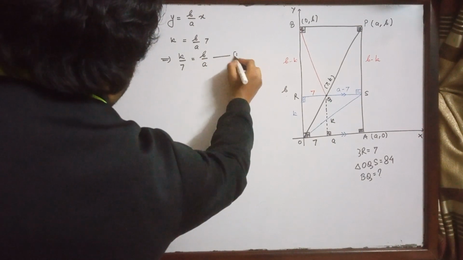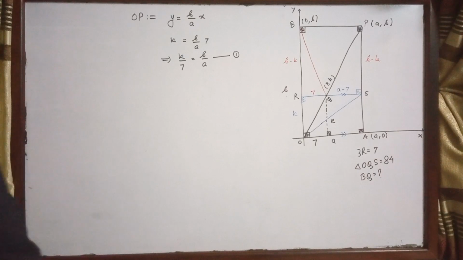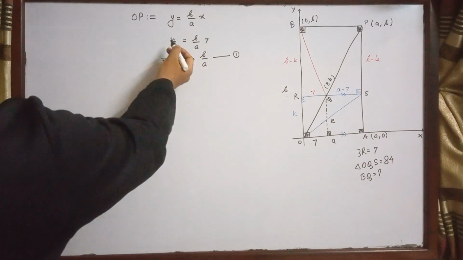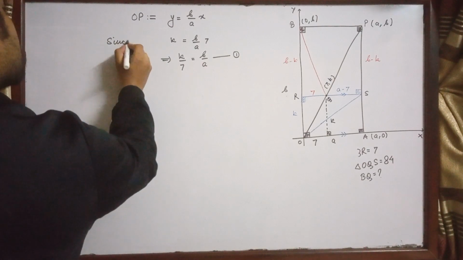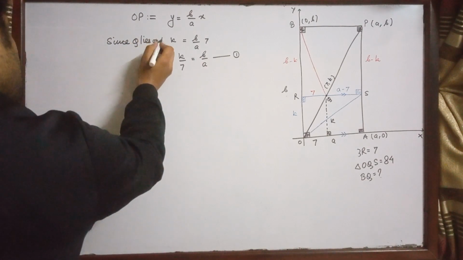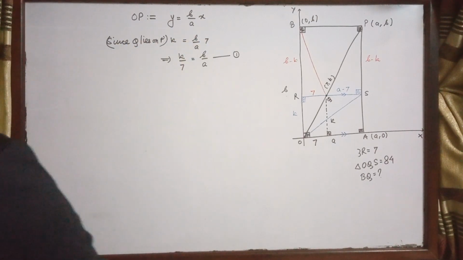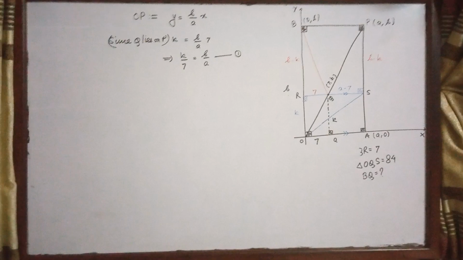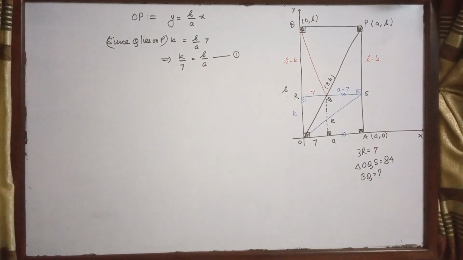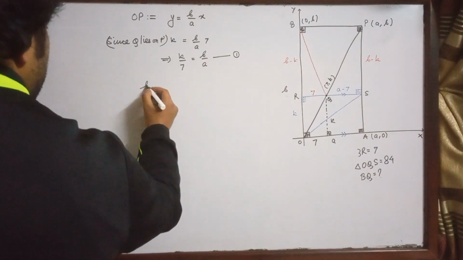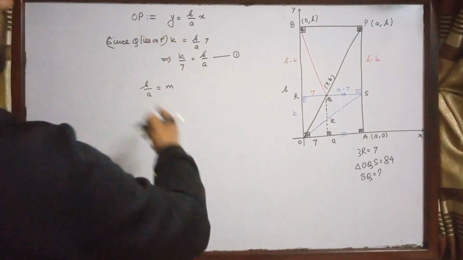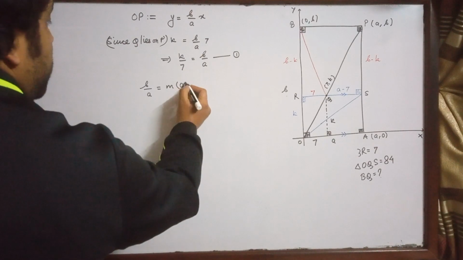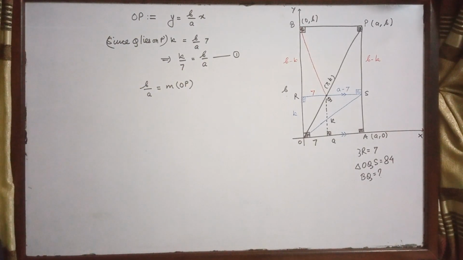Since Q lies on OP, we have this result. Now, B over A is the slope of OP.